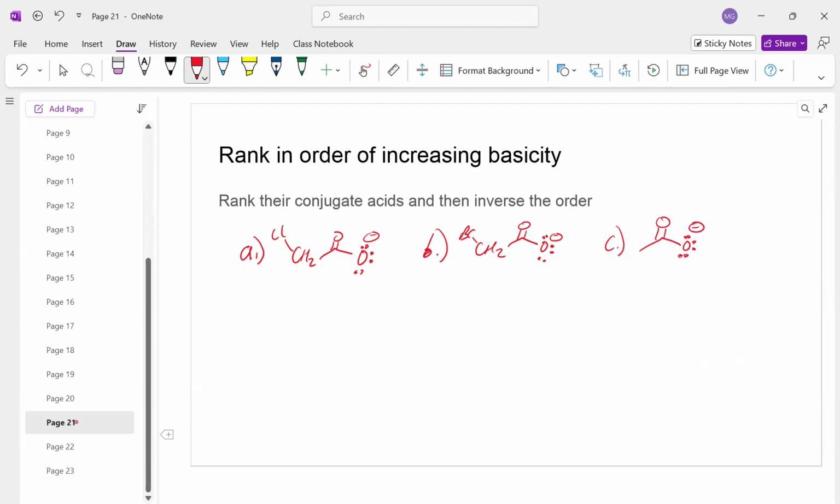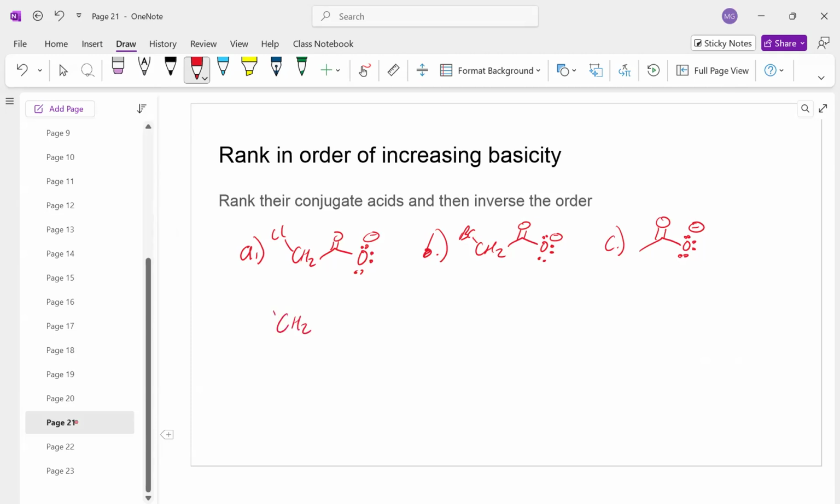Now, in my opinion, one of the easiest things to do is, well, let's just make them acids. Let's protonate them and then rank those acids and reverse it, because that's what the relationship is. If I can rank the acids from weakest to strongest, then I know that the bases go in the opposite order. So let's imagine these protonated.